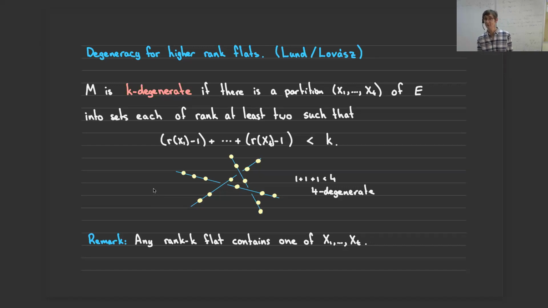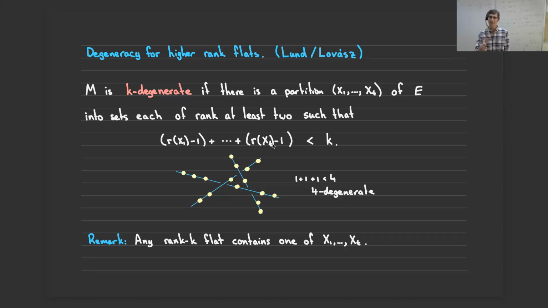So the rank of the flat is going to be at most the left-hand side here. I took a basis and it contained at most that many elements from x1 and that many elements from xt. So if I take a flat that doesn't contain any of x1 up to xt, then its rank is at most the left-hand side there. So given this strict inequality, if I take a rank k flat, it has to span one of x1 up to xt. That's what I get from this degeneracy.